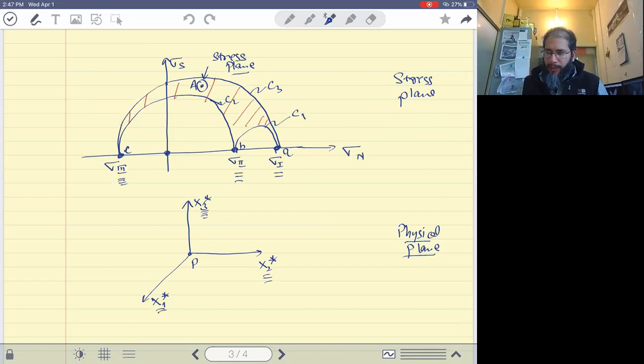Let's see what happens at point A. Let's try to understand what this small a corresponds to in terms of the normal vector. This small a is a point which corresponds to my eigenvalue sigma 1. What that means is that my cutting plane would be in this direction.